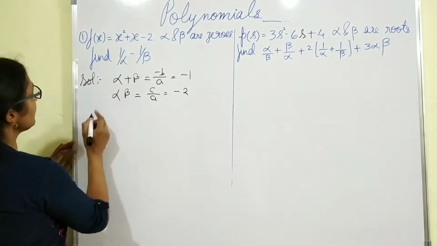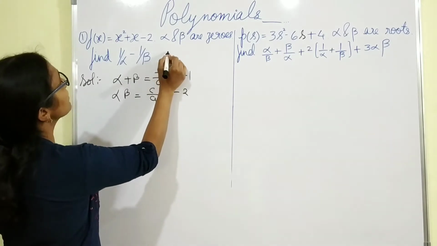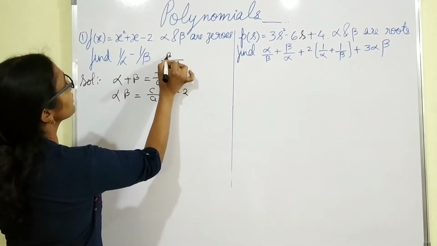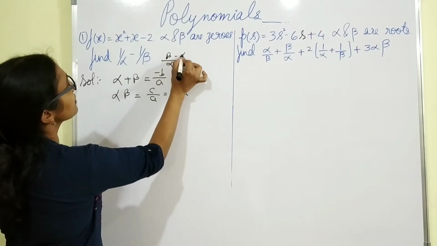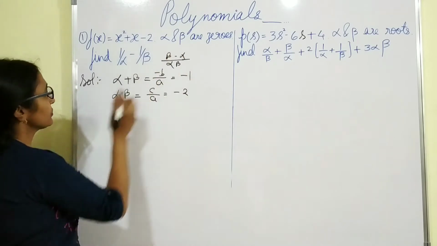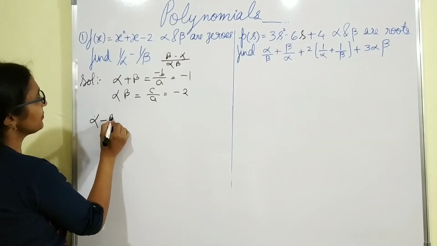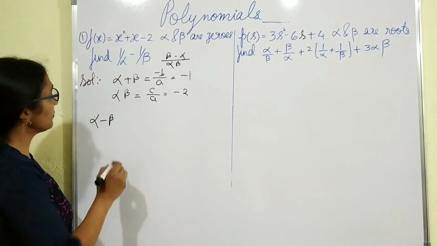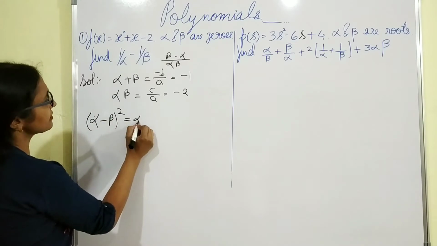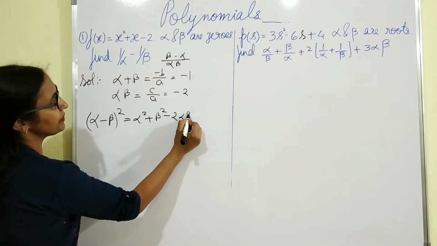Now, to solve this, it will become (beta minus alpha) upon alpha beta. To get the value of alpha minus beta, actually beta minus alpha and alpha minus beta, both are the same. So, to get the value of this, alpha square plus beta square minus 2 alpha beta.